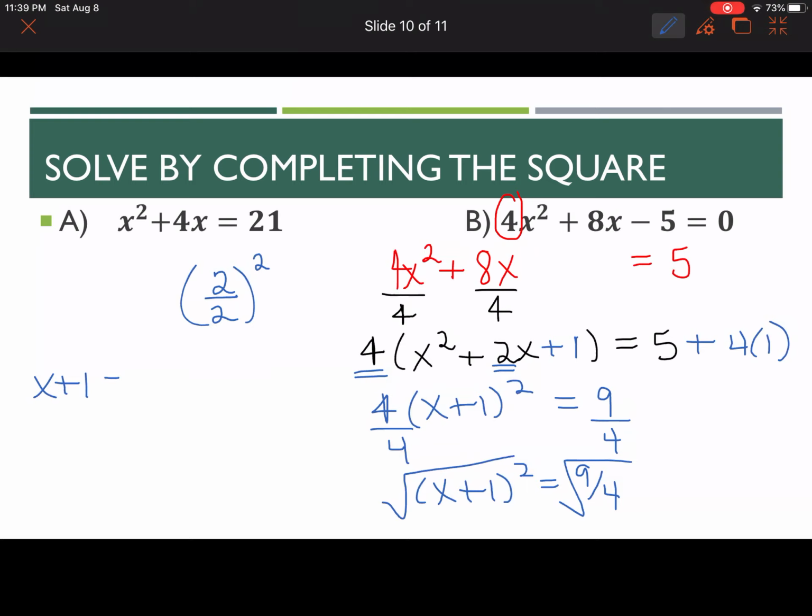So we are left with x plus 1 equals positive or negative 3 over 2. When you solve that, you can separate it into two equations. You get x equals 1/2 and x equals negative 5/2.